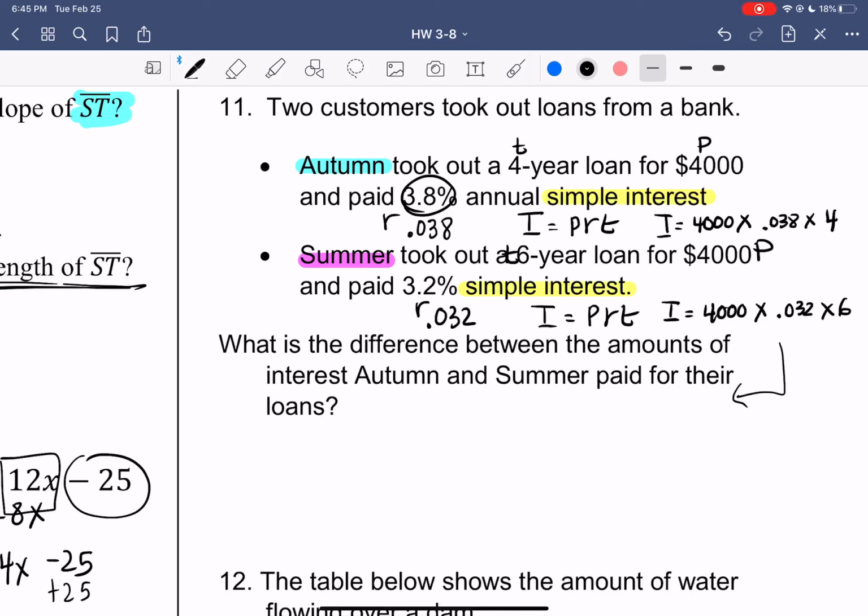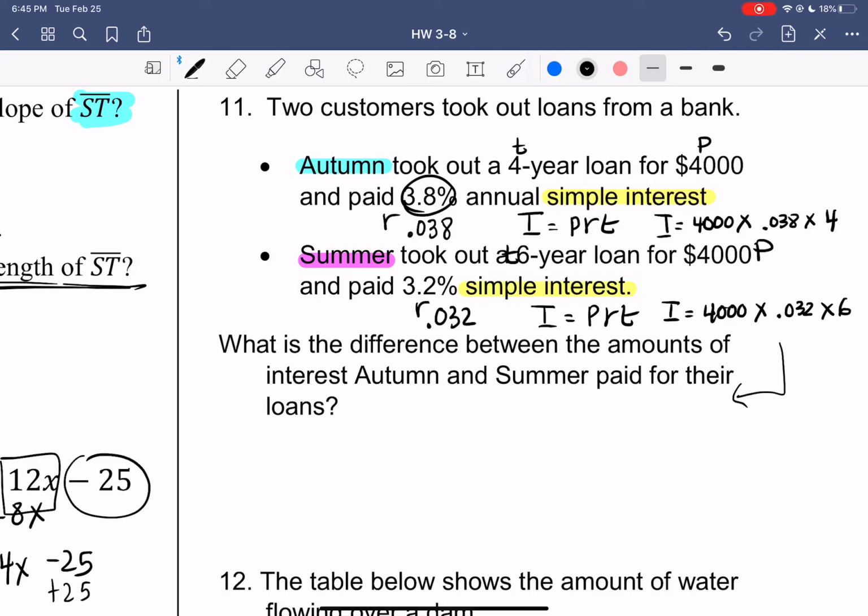And the table below shows the amount of water flowing over a dam. So first, the question is, is the relation proportional? Why or why not?